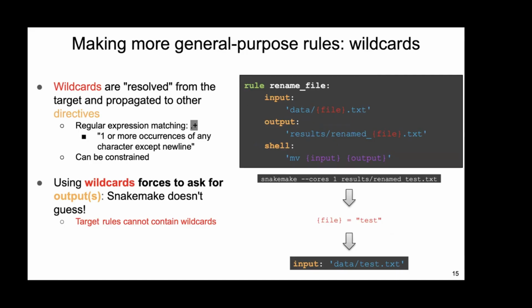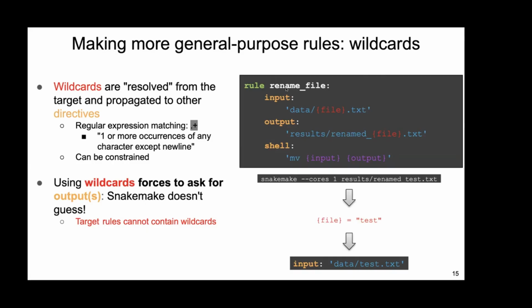The way that this works is that, if you remember from the exercises, we interacted with Snakemake by launching this command called snakemake course, in this case 1, and then we asked for a specific file, which is known as the target file. Then Snakemake takes this path and looks at the outputs of the different rules. What it does is regular expression matching, where it tries to find which rule produces an output that looks like what you're asking for.